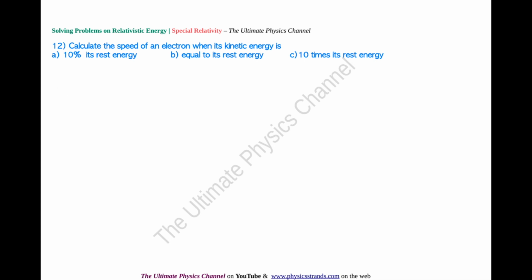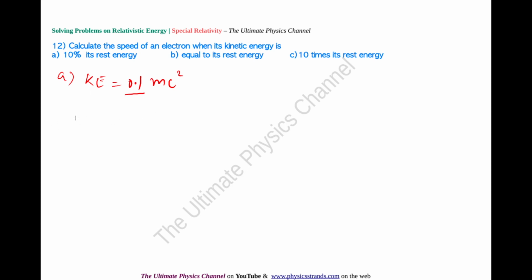Right. Next problem. Calculate the speed of an electron when its kinetic energy is 10% of its rest mass energy, equal to its rest mass energy, and 10 times its rest mass energy. The first case, 10% of its rest mass energy, kinetic energy. So I directly write KE is equal to 0.1, 10% is 0.1, times the rest mass energy mc squared.